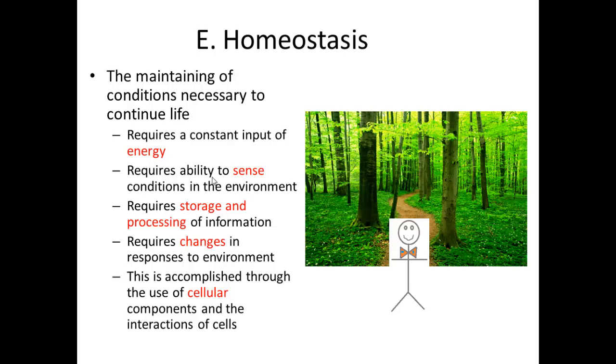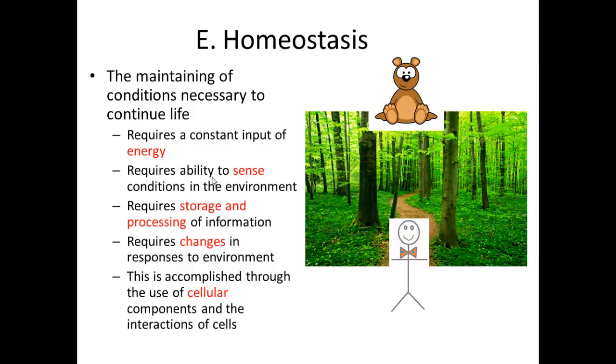So one example of homeostasis is the fight or flight response. If you're walking in the woods and you come across a bear, you sense that you are in danger. Well, there are certain hormones, adrenaline being one, which will start to activate certain parts of your body. It'll cause you to breathe heavily.